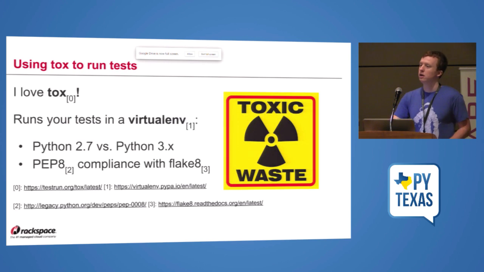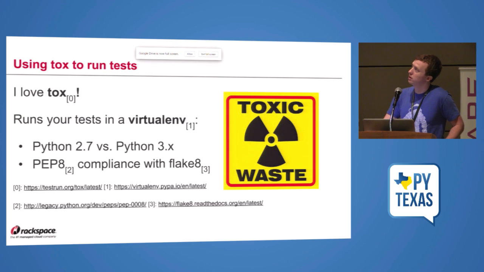Okay, so you've got a set of unit tests, but you need to run them whenever you're making changes to your project or there's no point. Tox is a great little program that allows you to build a test environment using Python's virtualenv program.